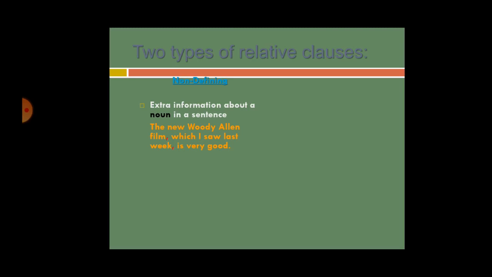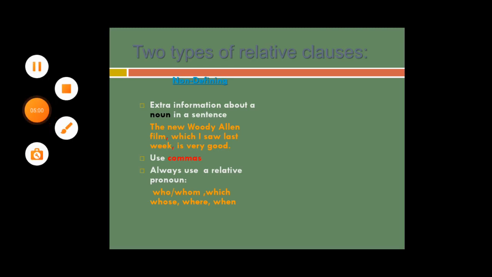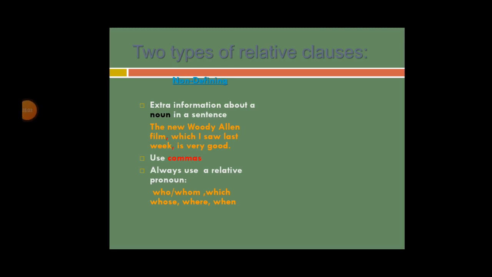Here you can see two commas are there, around which I saw last week. So here you have to use commas. Next, always use a relative pronoun: who or whom, which, whose, where, when. Got it?